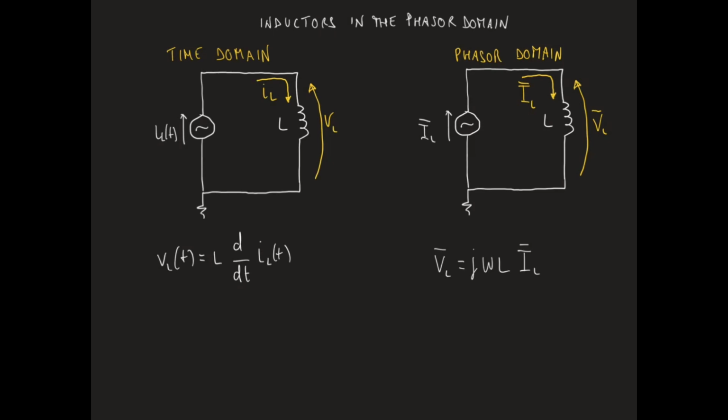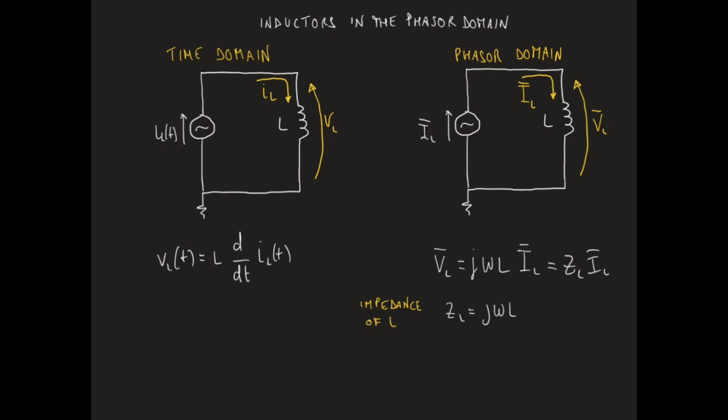We can write the current voltage relationship in the phasor domain as ZL times IL bar, where ZL equal to j omega L is the impedance associated with the inductor.